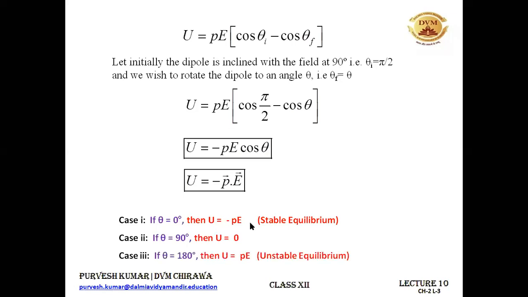And finally, if you want that theta equal to 180 degree, all right, you want to rotate the dipole in such a manner that the angle between the electric field and the dipole moment vector is 180 degree. Okay, so earlier you are rotating it from 90 degree towards the 180 degree. So theta becomes 180 degree and the dipole potential energy comes out to be U equal to PE, and this is the case of unstable equilibrium.